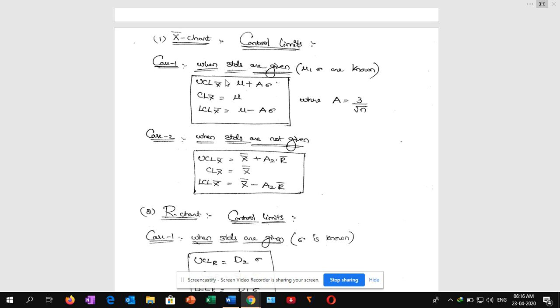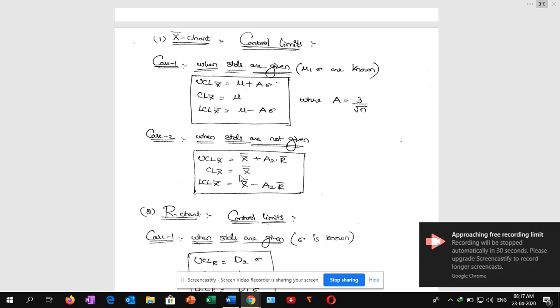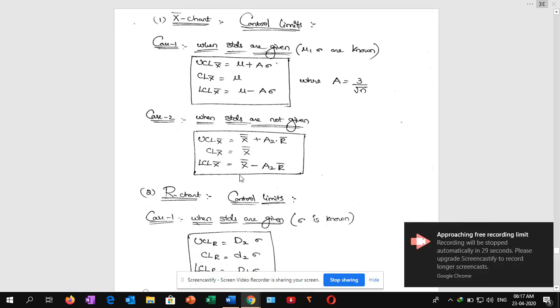But we have to learn both control limits; when standards are not given is very important.